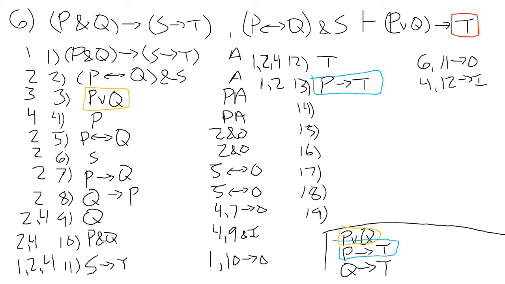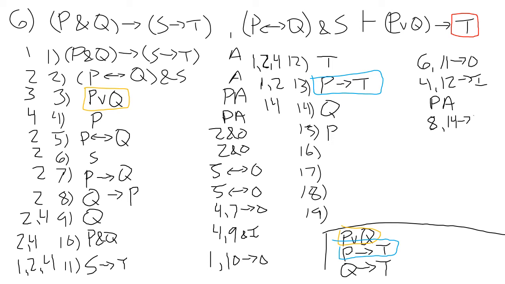Now we just need to prove our second conditional. Doing the same thing again. So we can get P from our arrow out in, let's see, 8. So it's going to be 8 and 14.